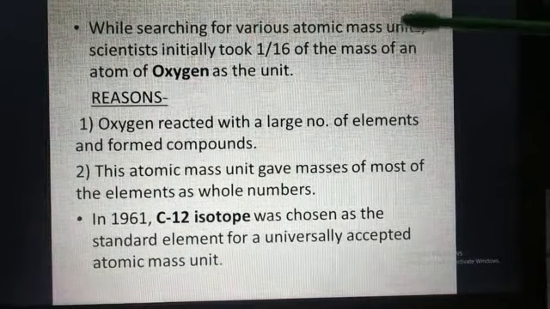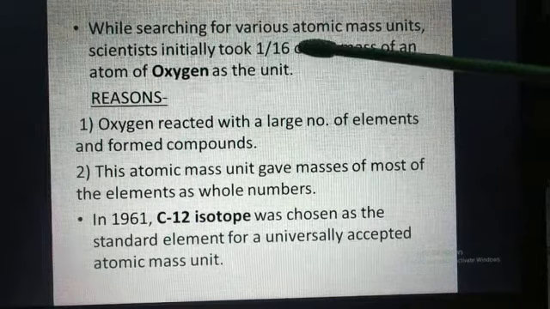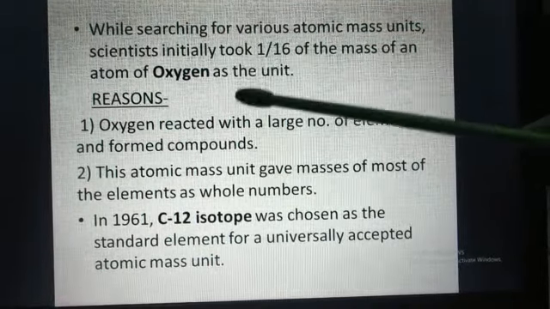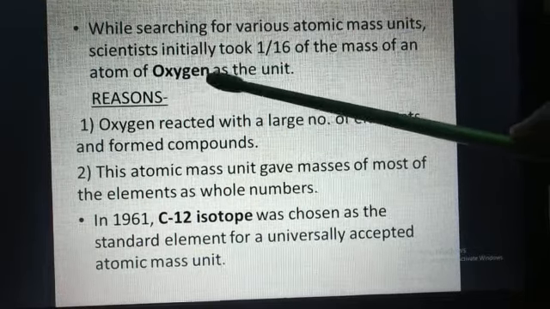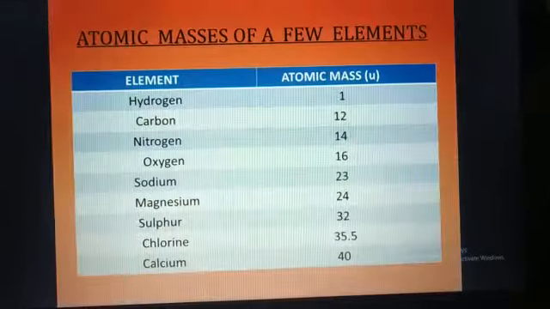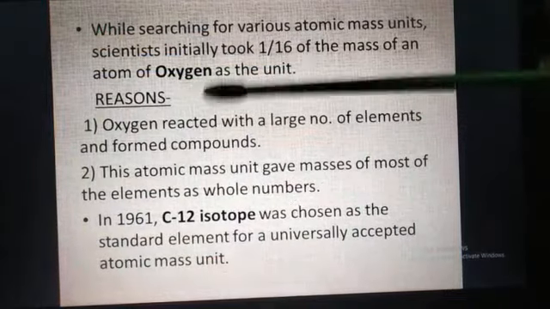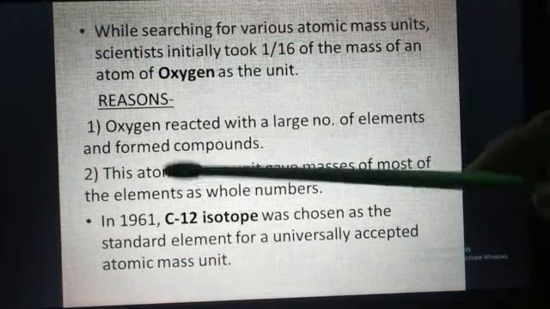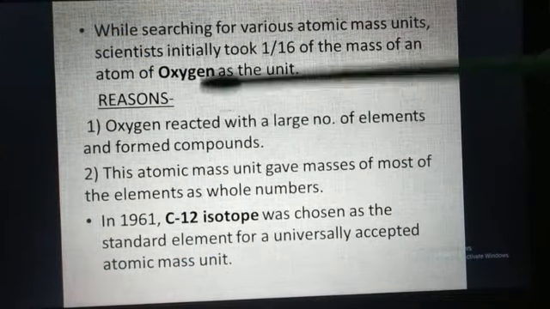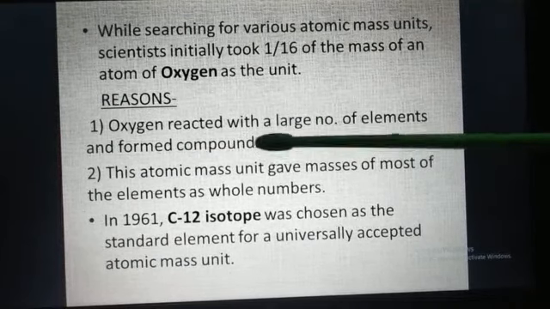While searching for the various atomic mass units, scientists initially took 1/16 of the mass of an atom of oxygen as a unit. Now you know mass of oxygen is 16U. You can see here, right? Reasons why they considered oxygen as a standard element: because number 1, oxygen reacted with a large number of elements and formed compounds.